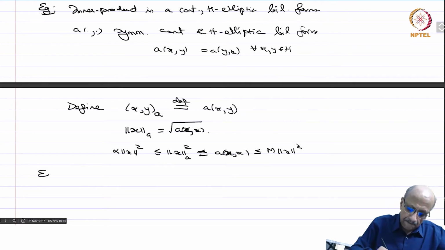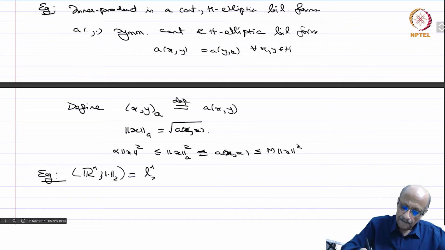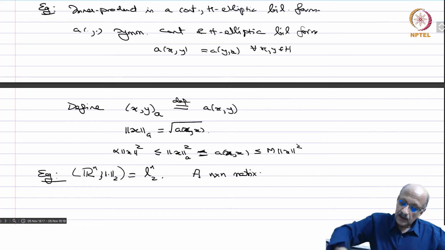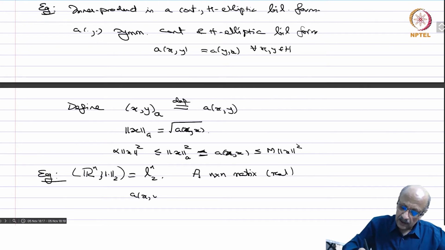Another example, so if you have R^n with norm 2, so that is our space l^n_2, and A is an n by n matrix with real entries, and then you have A(x,y) is y transpose Ax.